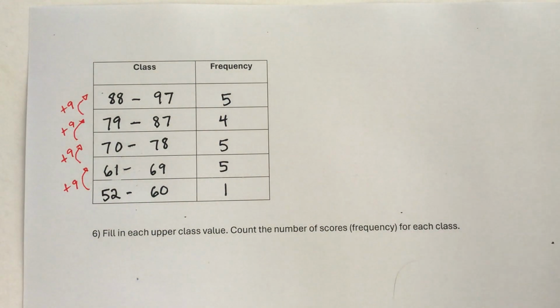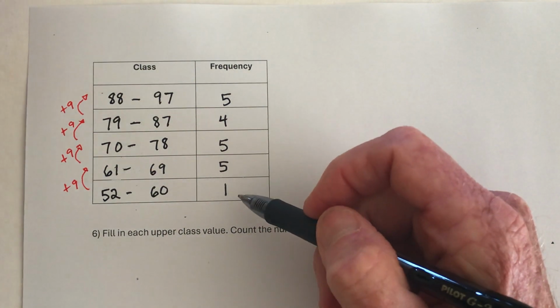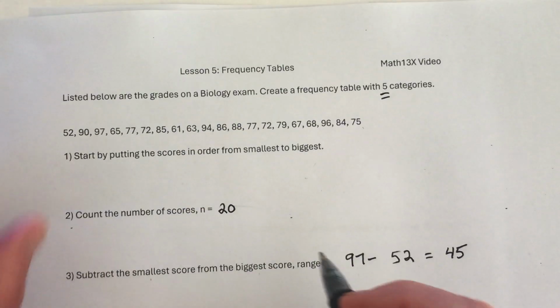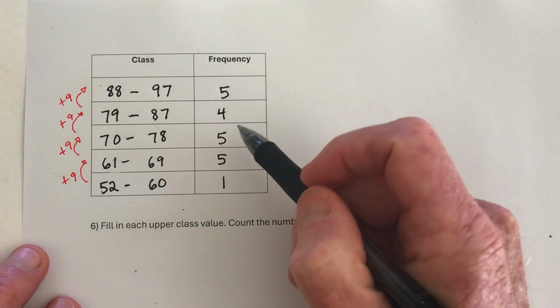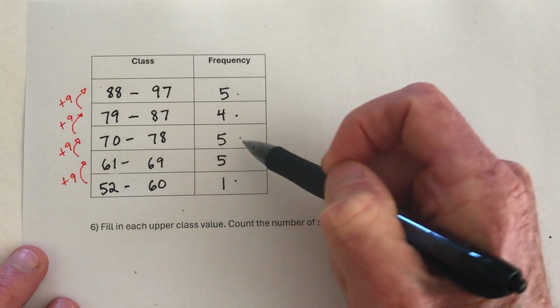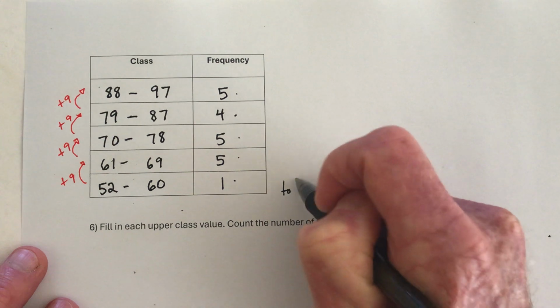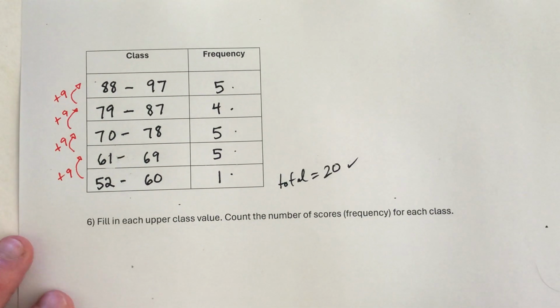And then one last thing is this should account for everybody. So if I add this up, it should equal 20 because there's 20 scores. And let me see, if I put this one and this one together, that's 5, 10, 15, 20. So the total equals 20. That means that everybody got counted and nobody got double counted.